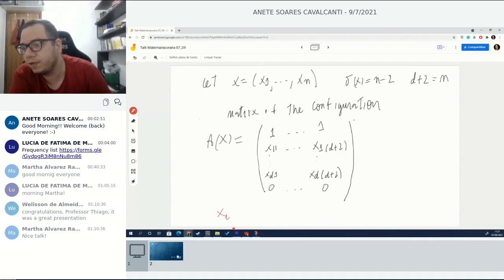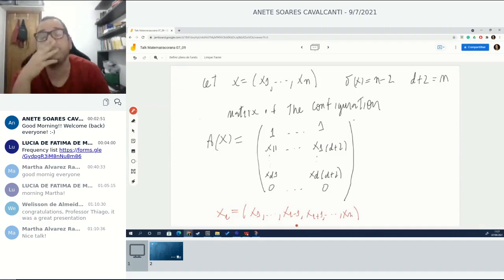Then we can consider subconfigurations of this configuration. Xi is the configuration obtained from X by removing the body i. We can consider these subconfigurations, and these subconfigurations also have a matrix. The matrix of this configuration will be obtained from the matrix AX by removing the last row and the column i.